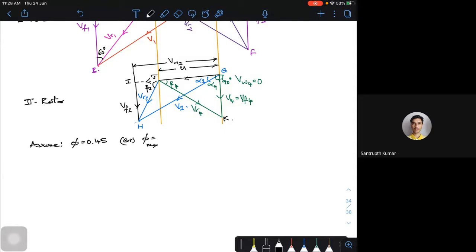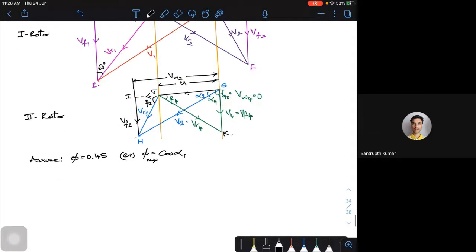Phi max is equal to cos alpha 1. What is your alpha 1? Alpha 1 is 15, they gave us 15, sorry. So cos 15, if I put it, I am getting around 0.965, so your phi maximum I can go is up to 0.965. I can assume any value less than 0.965. So that is the maximum value.